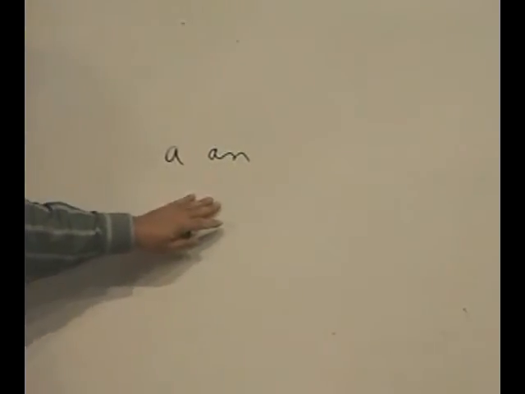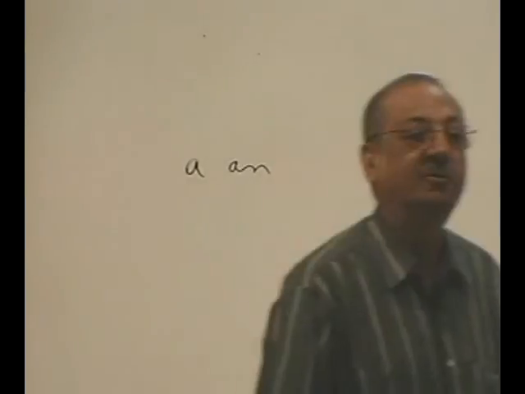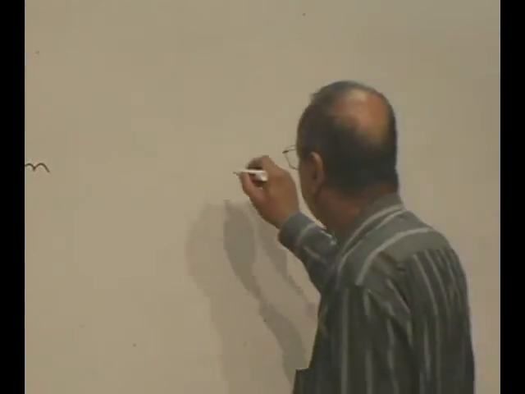Either it is definite or indefinite. What do we do in English when it is indefinite noun? How do we describe it, brother? By using a or an. Are you with me? This, when it comes in front of a noun, makes it indefinite. How do you make it definite? The.